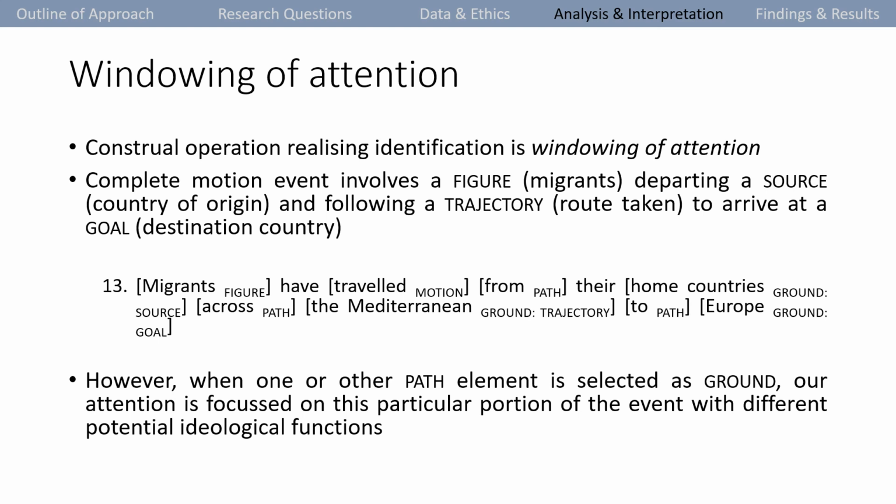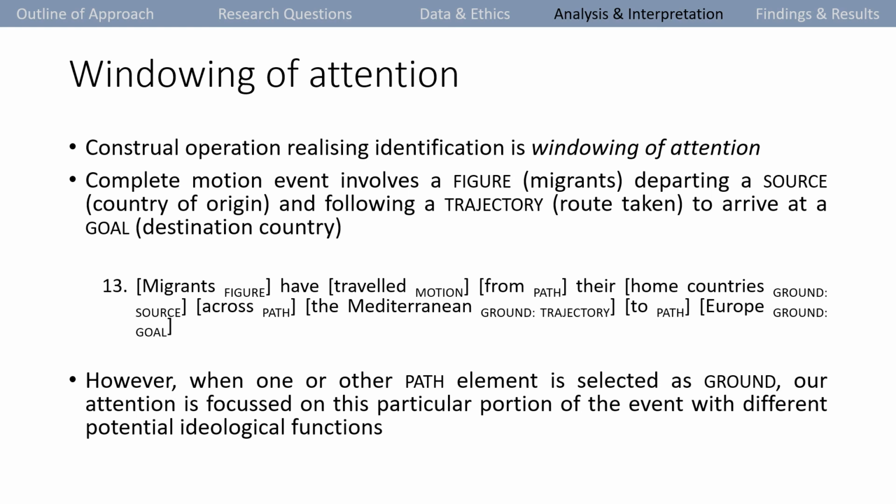However, when one or other path element is selected as the ground, our attention is focused on this particular portion of the event. In respect to motion events, then, Talmy calls this path windowing and identifies three types: initial path windowing, focused on the source, medial path windowing, focused on the trajectory, and final path windowing, focused on the goal.